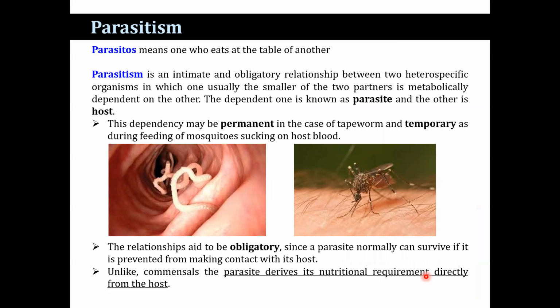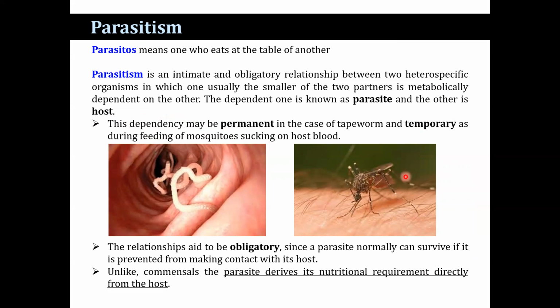And parasitism is an intimate and obligatory relationship between two heterospecific organisms in which one, usually the smaller of the two partners, is metabolically dependent on the other. The dependent one is the parasite and the other is the host. This dependency may be permanent, in the case of the tapeworm, and it may also be temporary, as during the feeding of a mosquito on the host body.